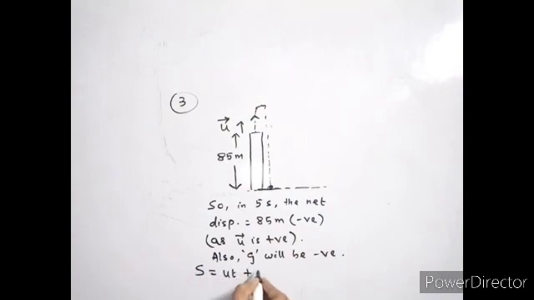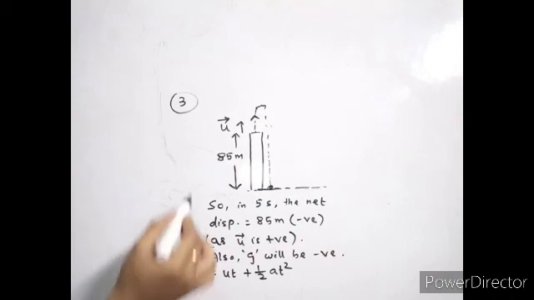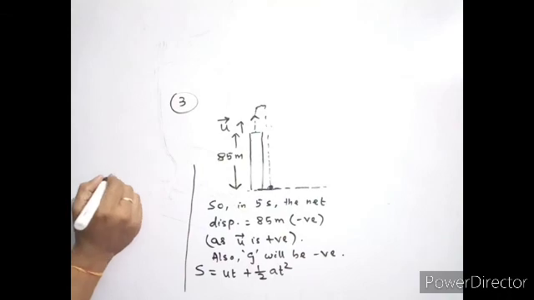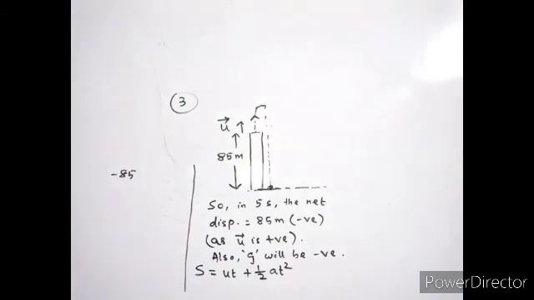So as we have from the equation of motion, that is s is equal to ut plus half at squared, we just substitute the values now. So for the displacement, that is s, we have the value to be minus 85.